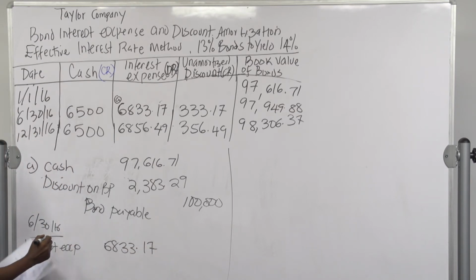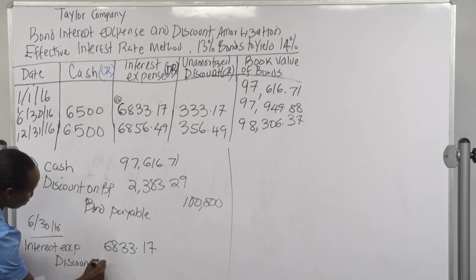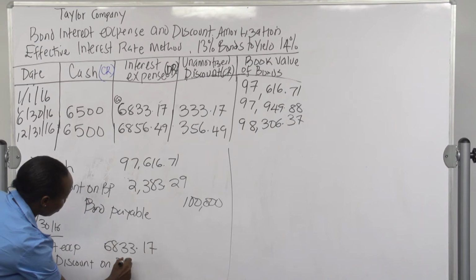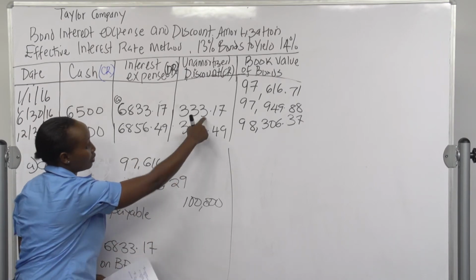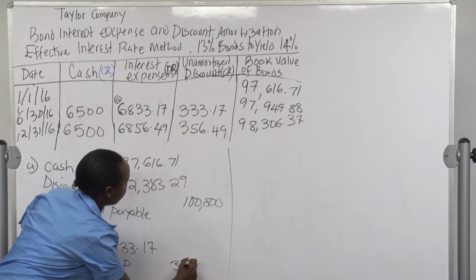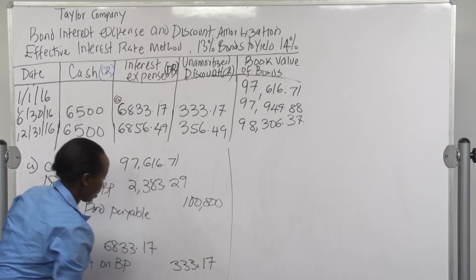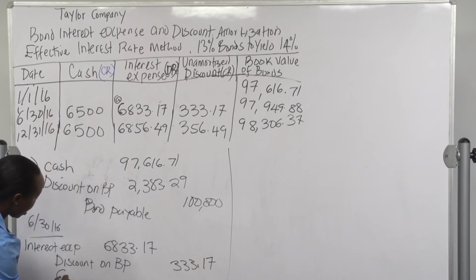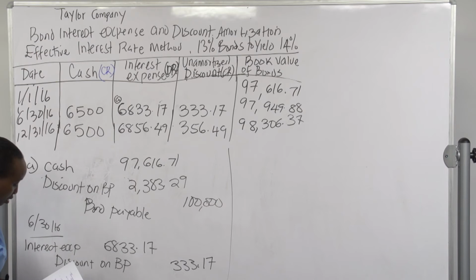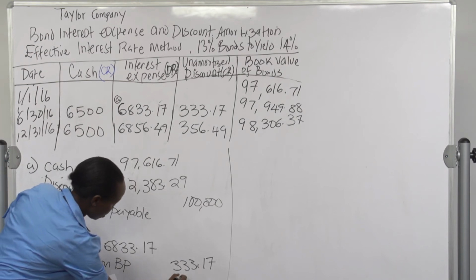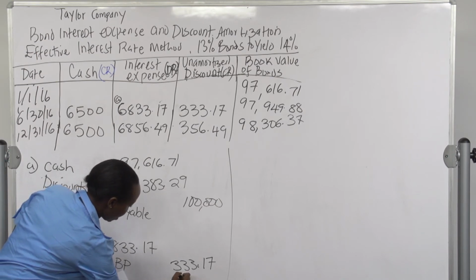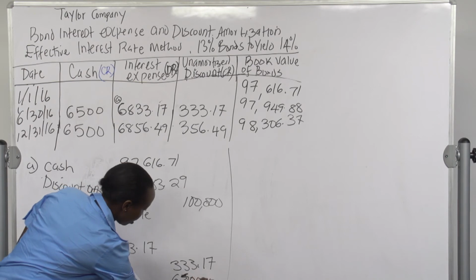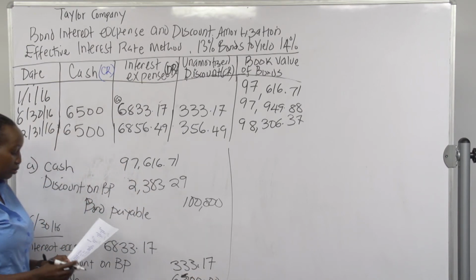And we have amortization of discount on bond payable, $333.17, and we have cash of $6,500. So that concludes June.